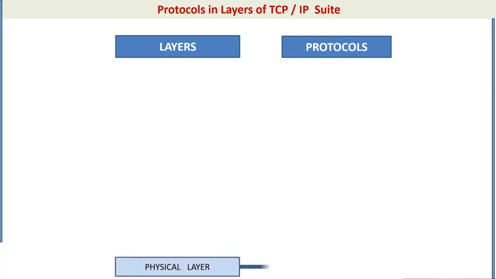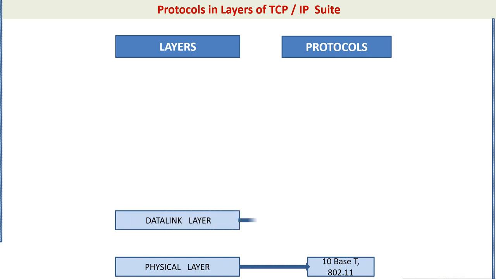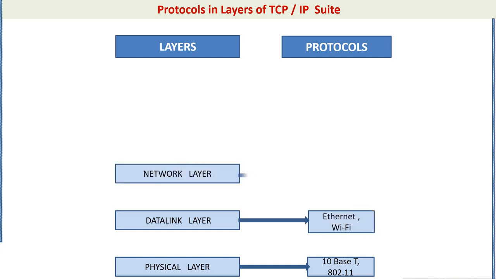The physical layer uses IEEE 802.11 and 10-base-T. Data link layer uses Wi-Fi and Ethernet. Network layer uses IP, that is Internet Protocol.